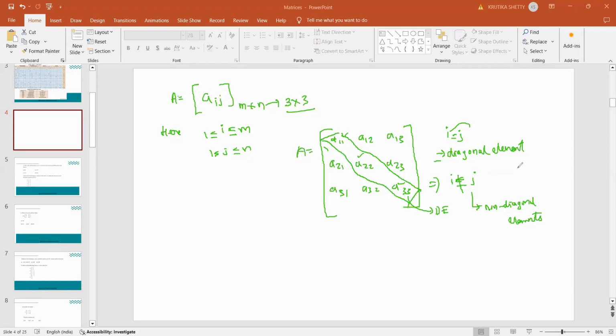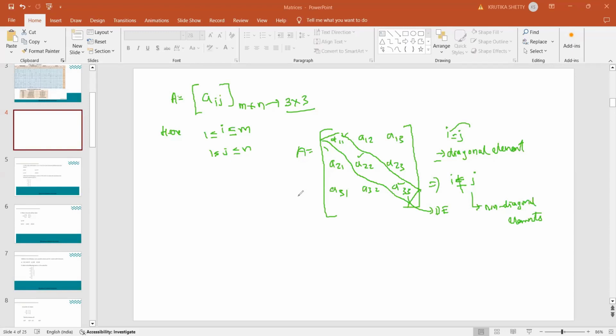In non-diagonal elements, i is not equal to j, and in diagonal elements, i is equal to j. These 3 elements are diagonal elements, and the remaining 6 elements are non-diagonal elements.